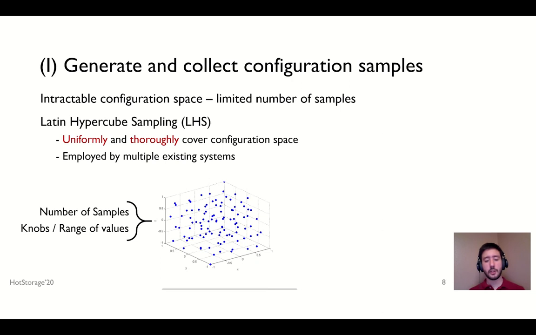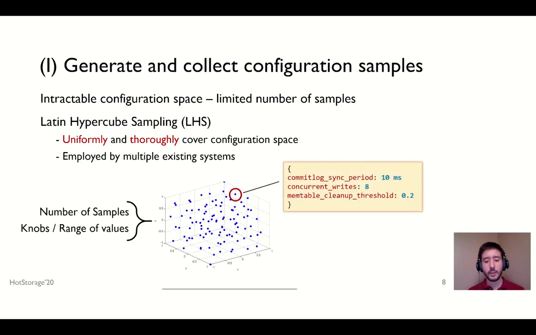This method works as follows. We define the number of samples that we want to generate, and then we also provide the range of values for each knob. You can see in this figure a very simple example for 3 knobs. Each of these points, or configuration samples, can look like this.